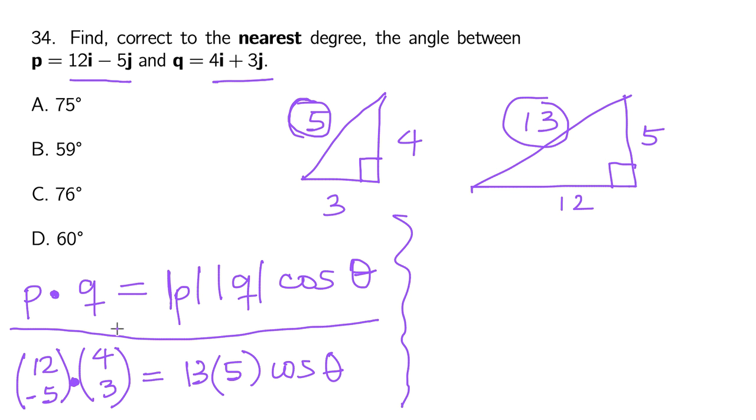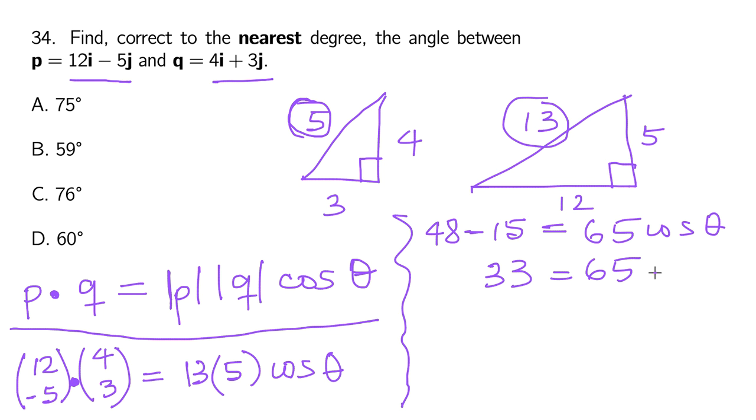So let's do that. 12 times 4 is 48, minus 5 times 3, minus 15, and this is equal to 13 times 5 is 65 cosine of theta. 48 minus 15, that's 33, equals 65 cosine of theta.